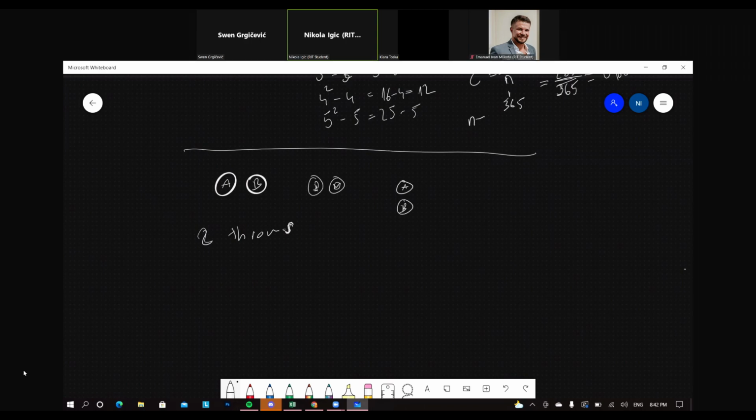If I throw A on the first, then on the second one I have a 50 percent chance of getting it. If I get B, then again 50 percent chance of getting it. Do you see how it's 50-50? Do you understand how we got 50 percent?